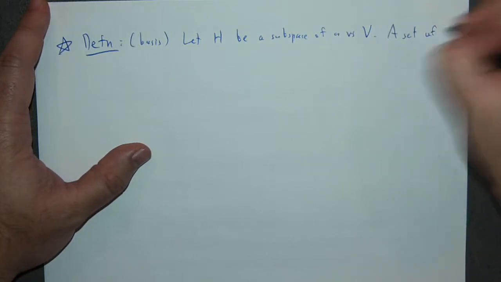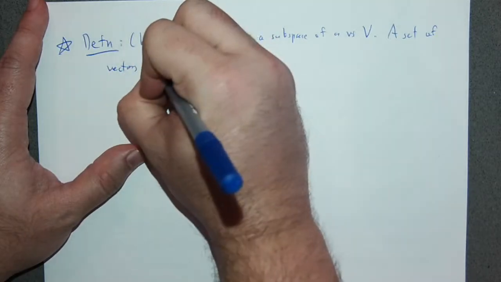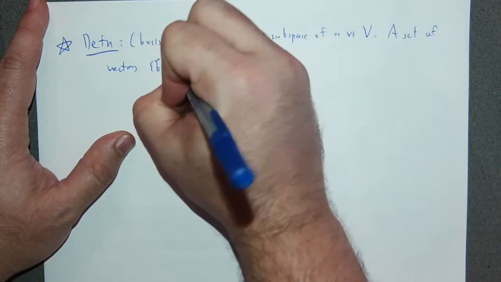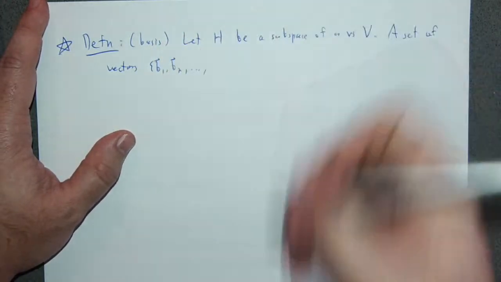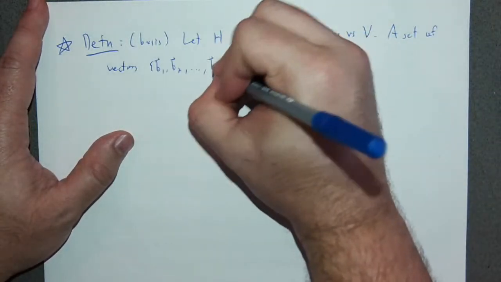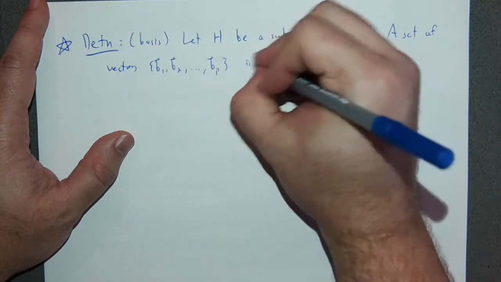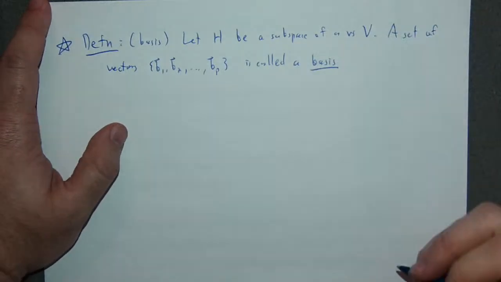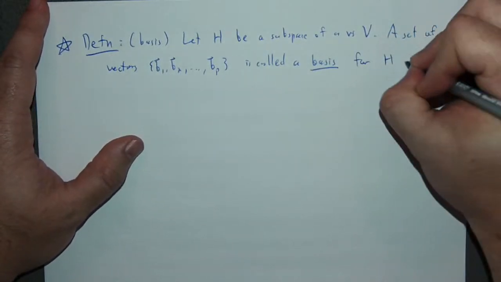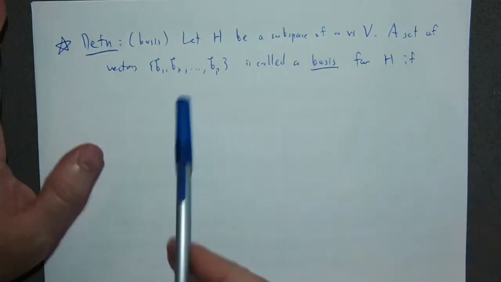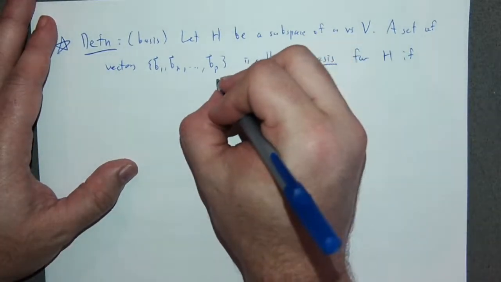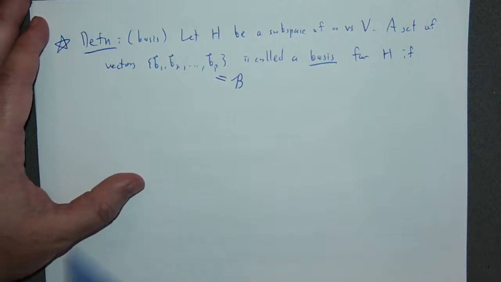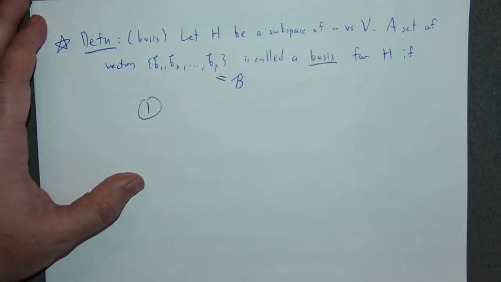A set of vectors, say B1, B2, all the way up to, say, BP, is called a basis for H if, let's call this set script B, so we'll call that set of vectors script B, it satisfies two properties.